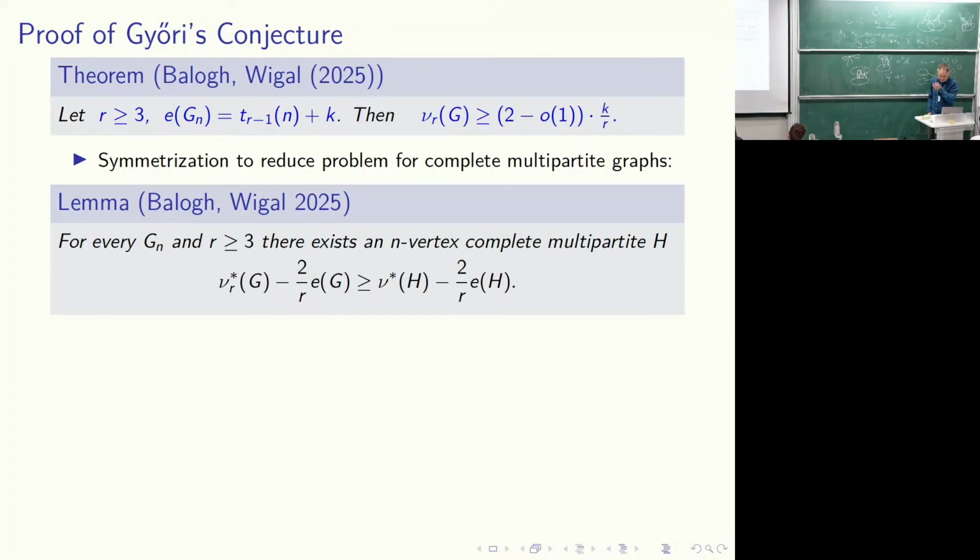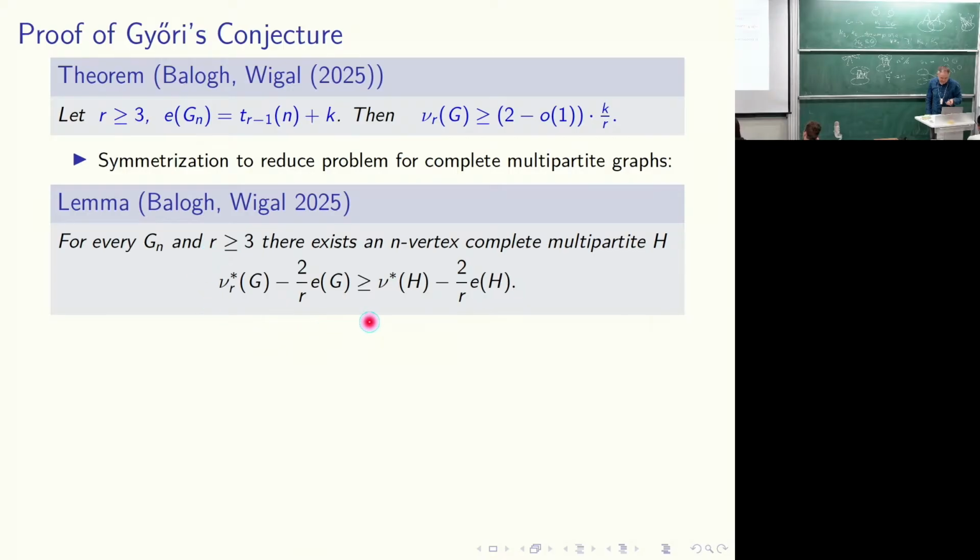So we want to find the fractional cliques, and the symmetrization gives that if we start with a graph G, then we can change the problem so that we can assume that, instead of a graph G, we have a complete multipartite graph H. And the other slight difference compared to the standard way of using symmetrization, let's say when we run Zykov's proof to maximize the number of edges, is that we have a different goal function.